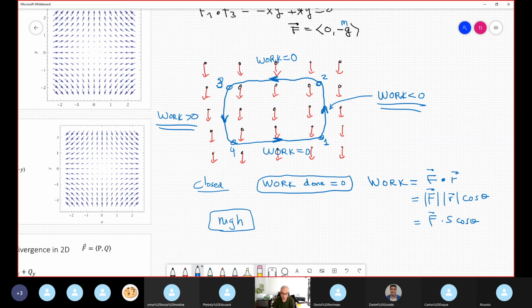Okay, so let me summarize. We have two kinds of vector field, conservative and non-conservative. And what is the definition? Conservative is when the work done in one closed trajectory is 0. That is, for example, the energy that you spend with your muscle to move an object inside the vector field, because in this case, on the trajectory from 1 to 2, you are doing work.